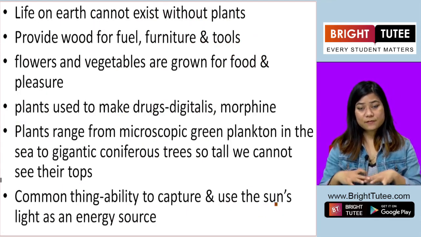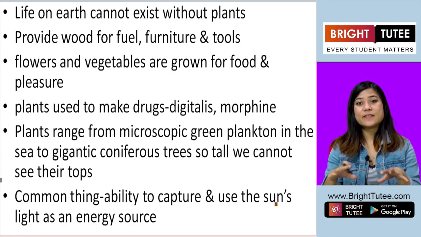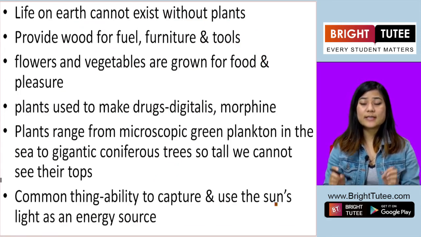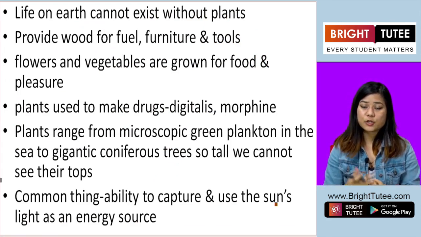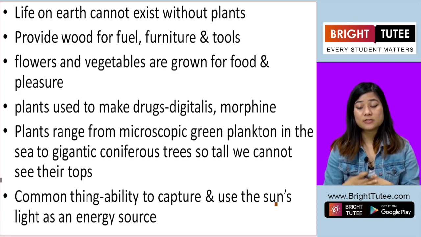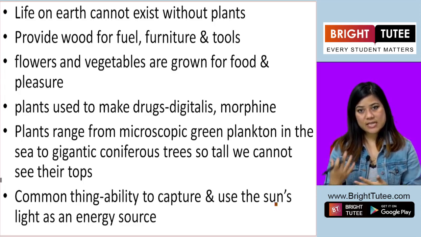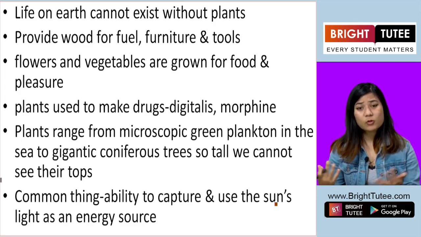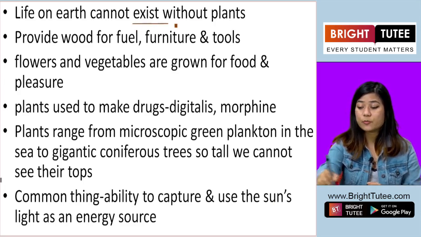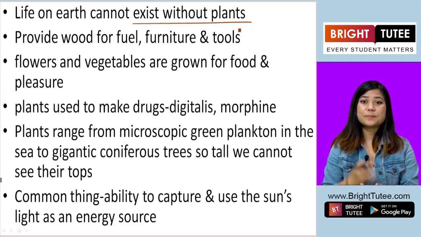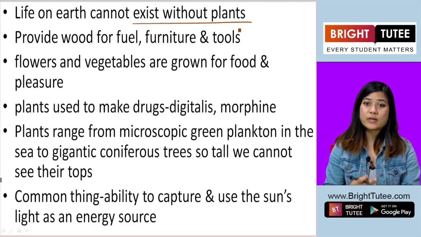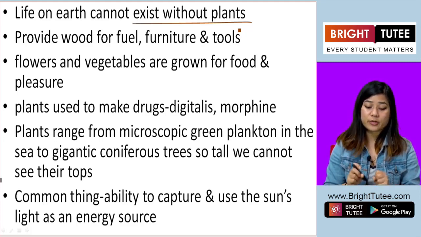Now, the life that is sustained, the life that we see on earth, right? The life of human beings, the life of animals, insects, all these lives cannot exist without plants. Plants play a very important role in the existence of life on earth.